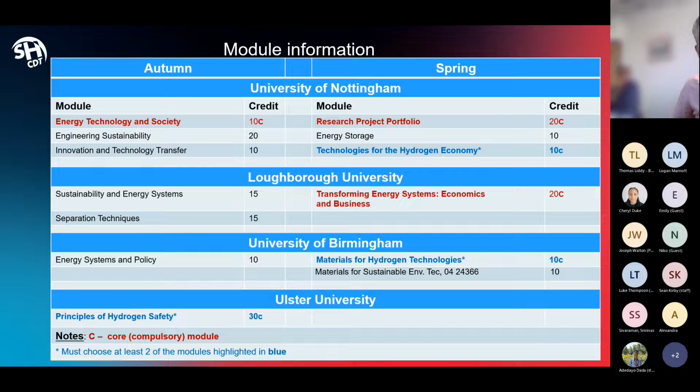Outside of those core modules, you have flexibility to choose optional modules. We've got on the table there some optional modules that are relevant to hydrogen and energy, but you can also look to choose optional modules that are provided by any of the 4 universities.